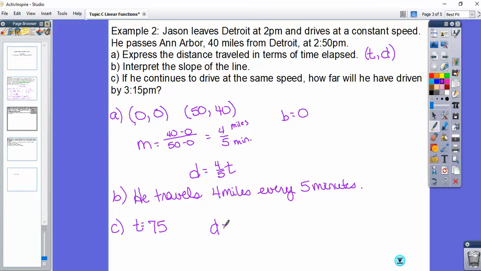So we plug that in, and we get 60. So how far will he have driven? 60 miles.